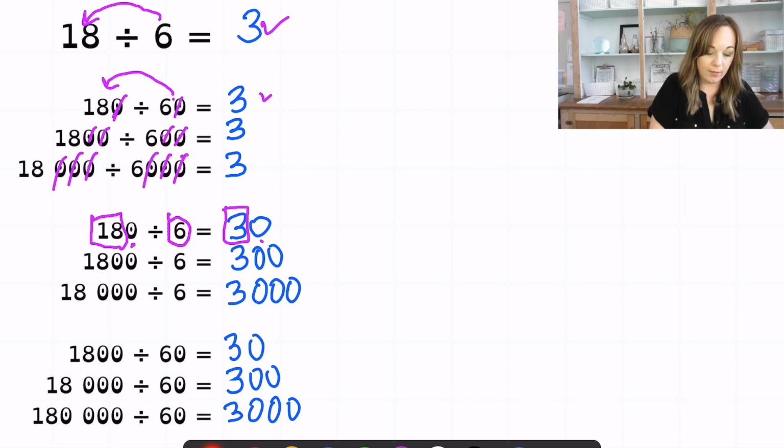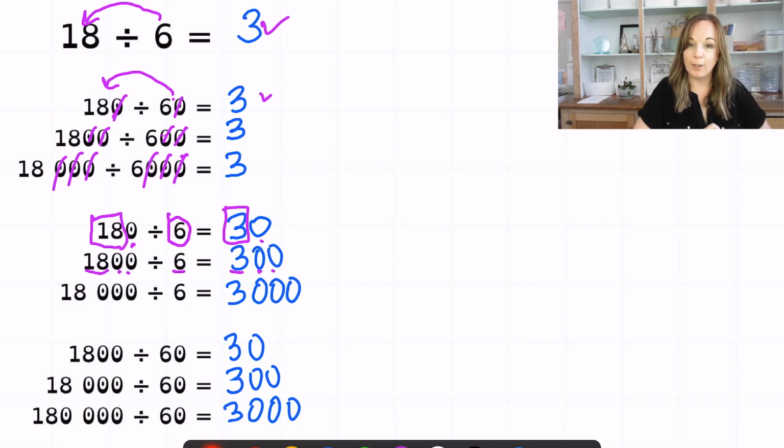Again, I have an 18 divided by 6, so I still have a 3 in my answer. And this time it's 1800, so those 2 zeros are going to get tacked on in my answer too. And then I have 18,000 divided by 6. I still have a 3 in my answer, but because it's 18,000, I'm going to tack on those 3 zeros.